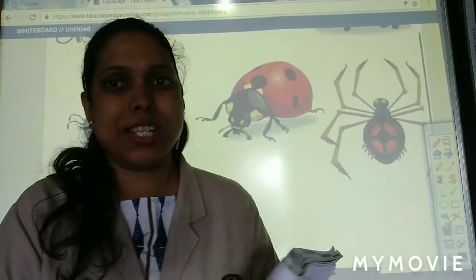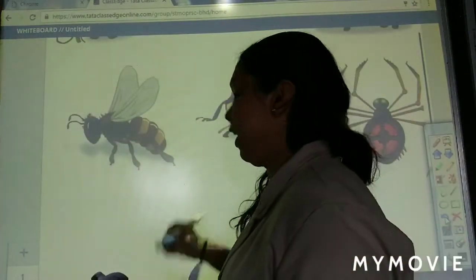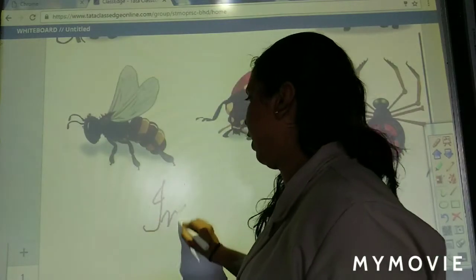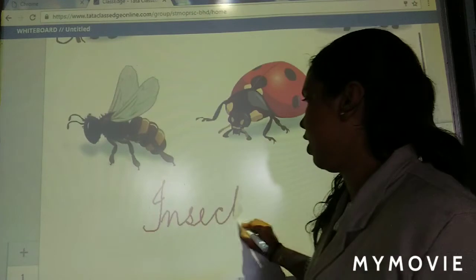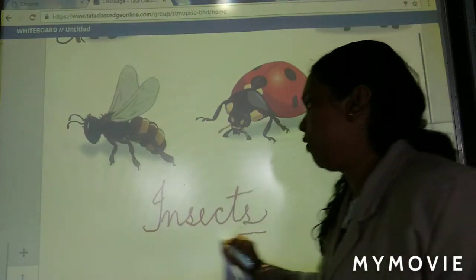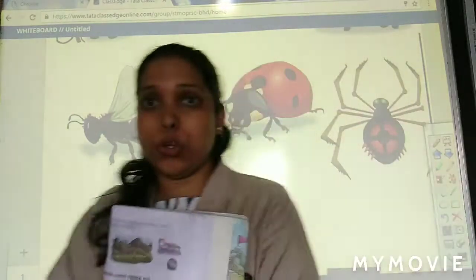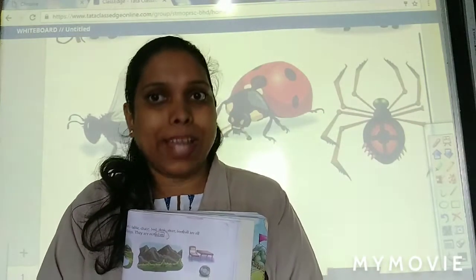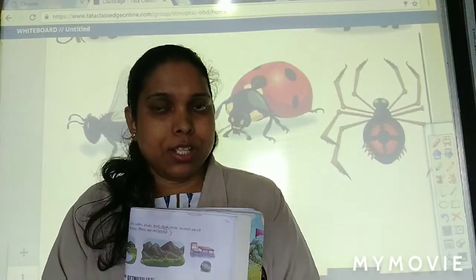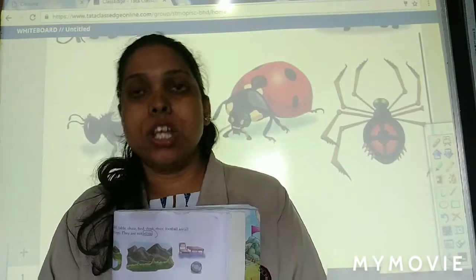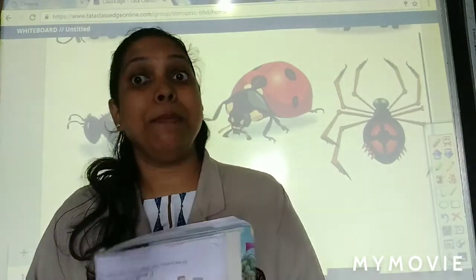Now, these are insects. I-N-S-E-C-T-S. Some insects I have put. Now, my question to you is, can they breathe? Yes, your answer would be yes. They can breathe. So all the insects can breathe.